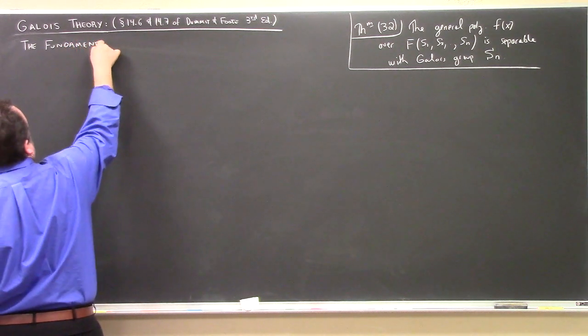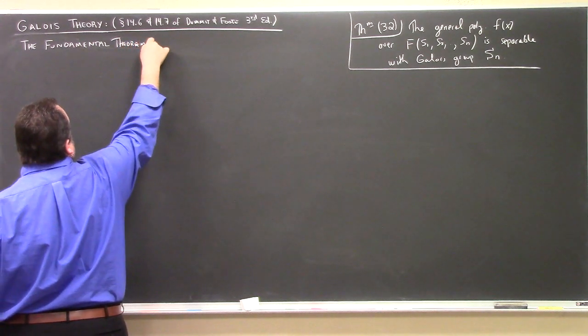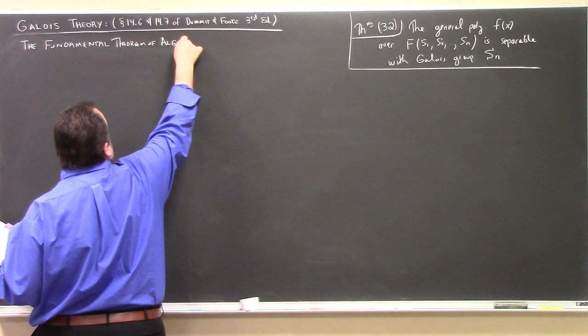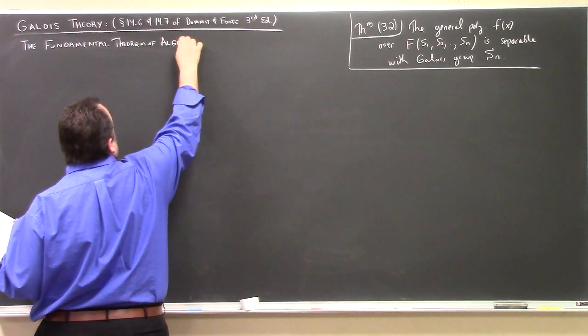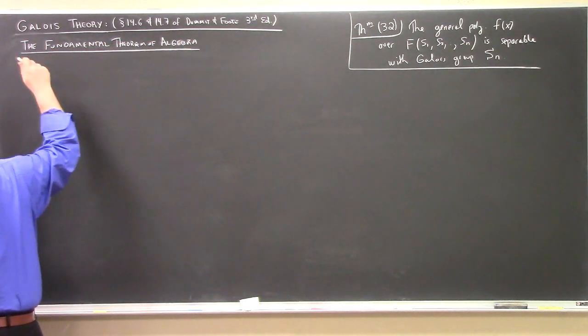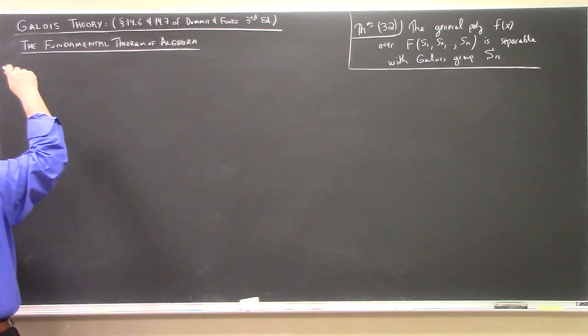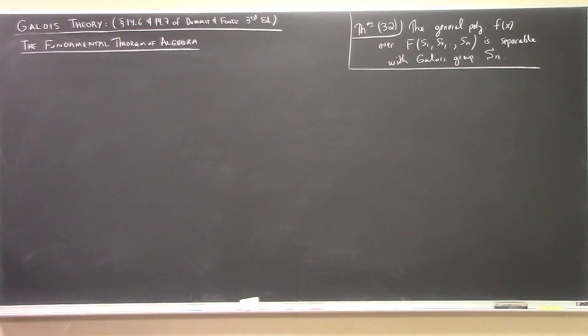There are a couple of different ways to say it, but one way is: any non-constant polynomial with complex coefficients has a zero.